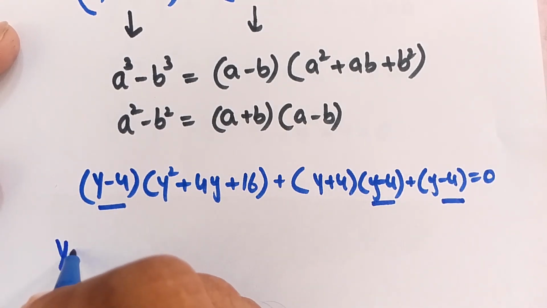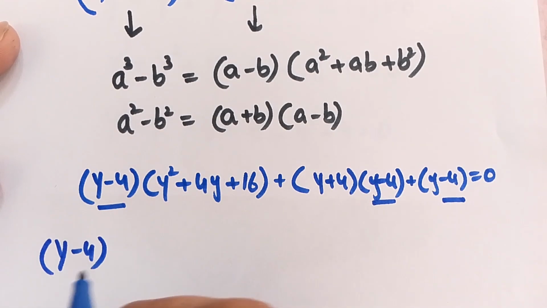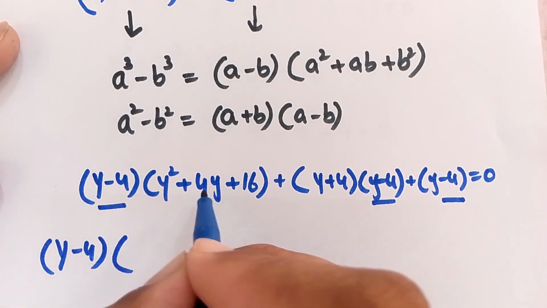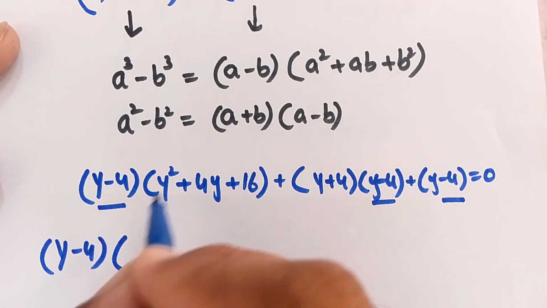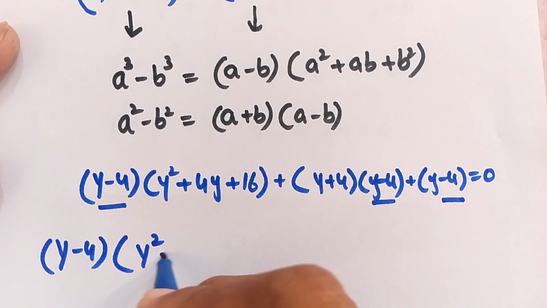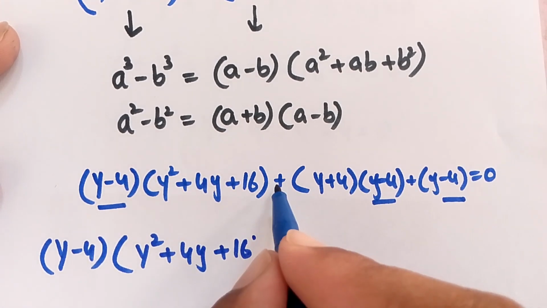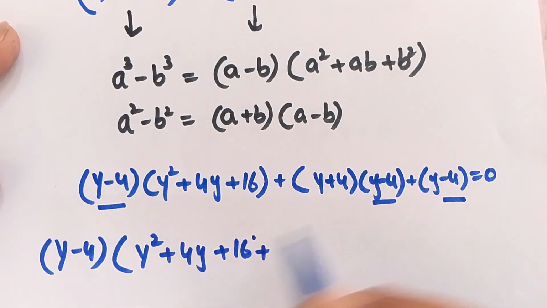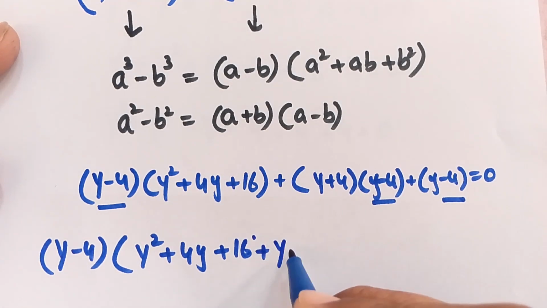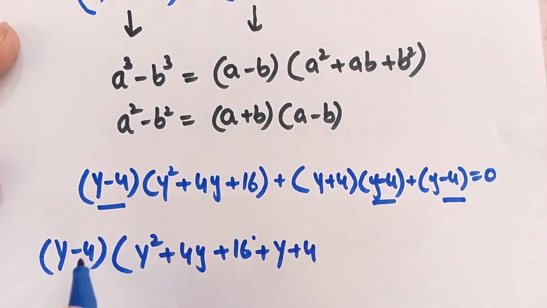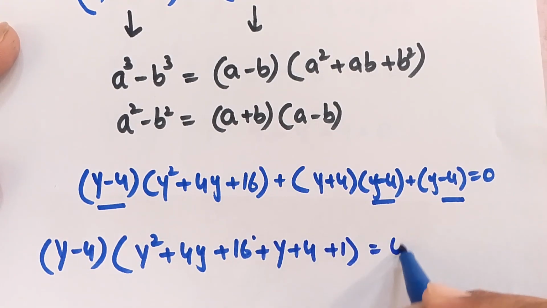So (y - 4) is common, and inside the bracket, dividing each term by y - 4, we get y^2 + 4y + 16, and here y + 4 is left, and plus 1, which is equal to 0.